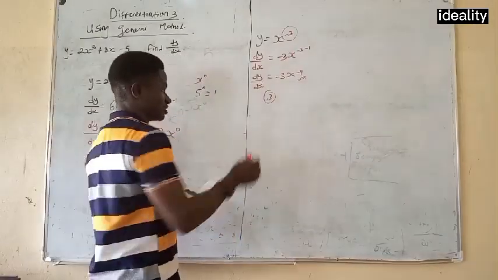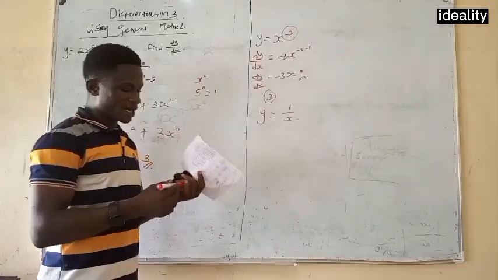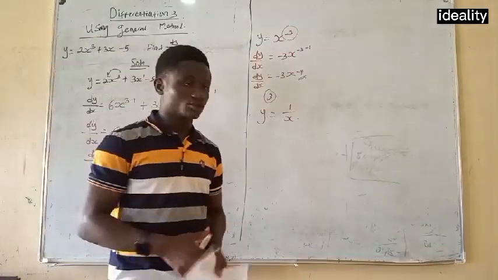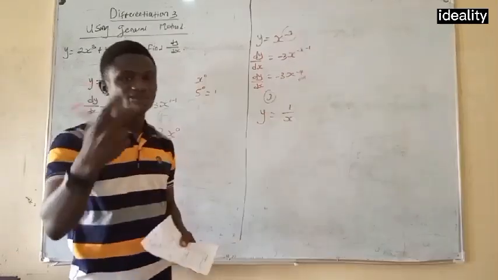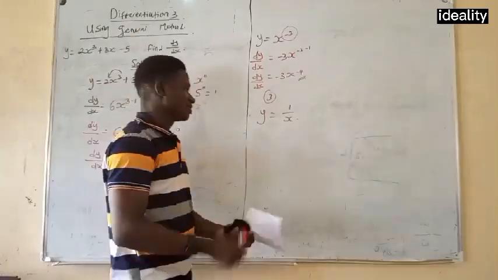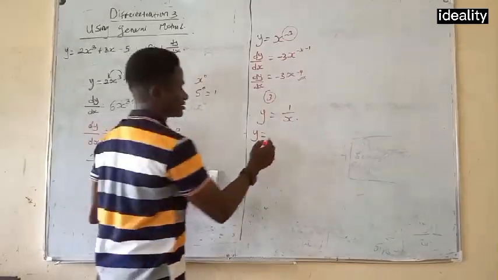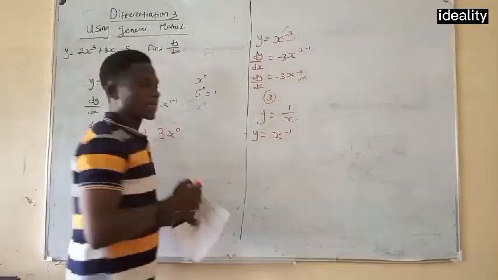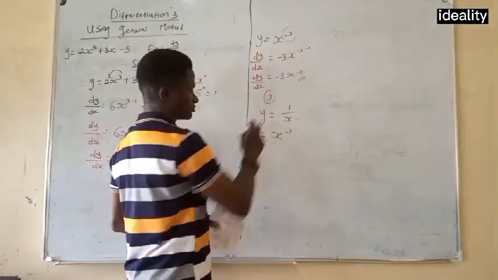What if you have something like this? y equals 1 over x. Find dy/dx. This is the general method. This is where your idea of indices plays in. I can write this y as x raised to the power minus 1. If you know your law of indices very well, there's a law that states this.